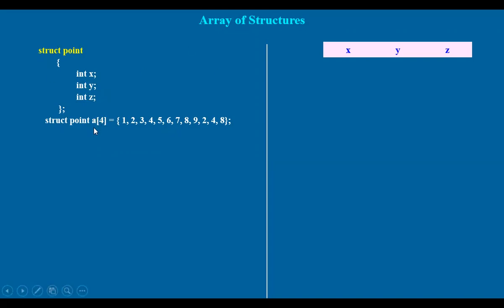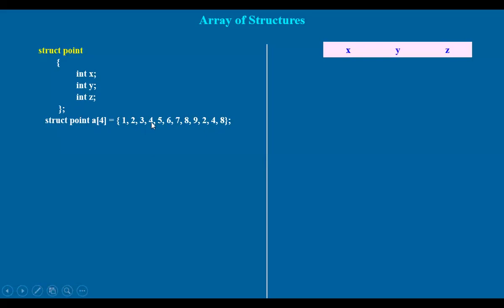That means A is a structure array having four elements, four variables, and each one is a structure named point. It's a point having three fields. Now, we can also assign data like this. In these curly brackets, four elements are there, and each one has three fields.